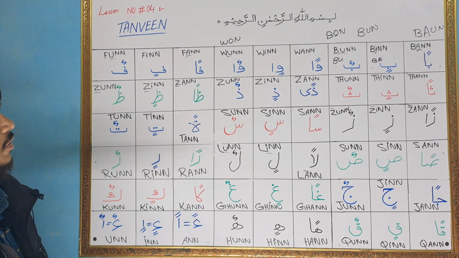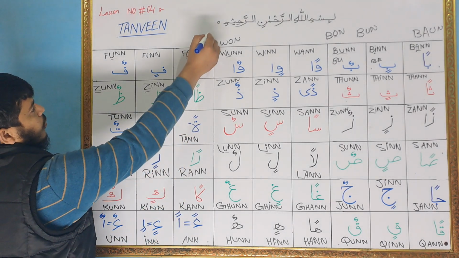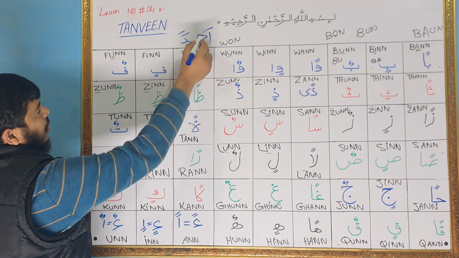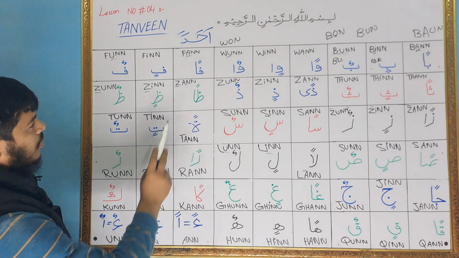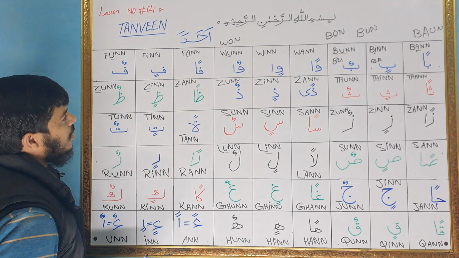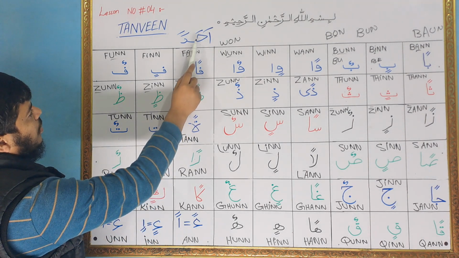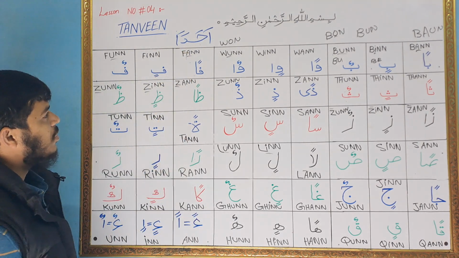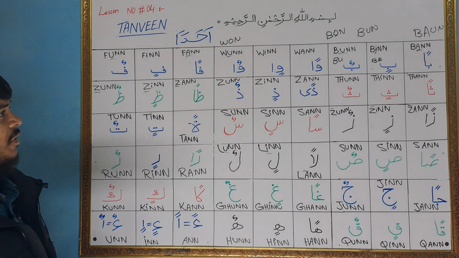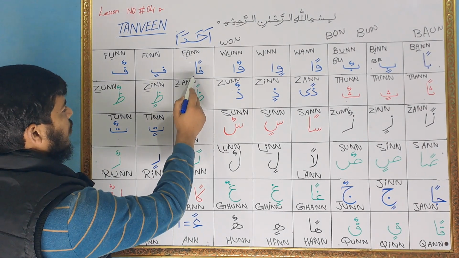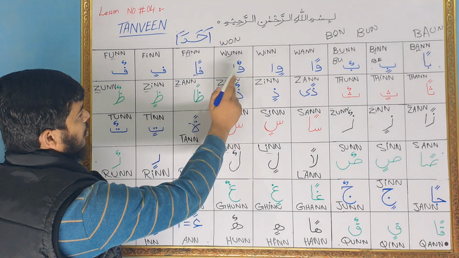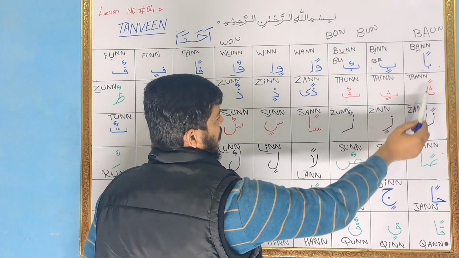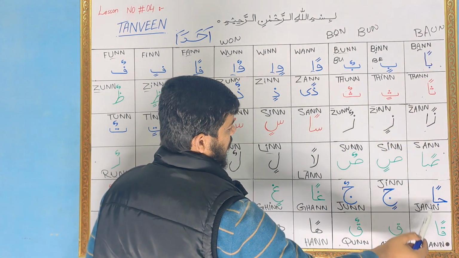Okay, let's say there is a word: alif with fatha, like hamza fatha a, ha fatha ha, dal two fathas. After double fatha usually alif comes. There is a different reason for that. You can see after double fatha each alif is coming.